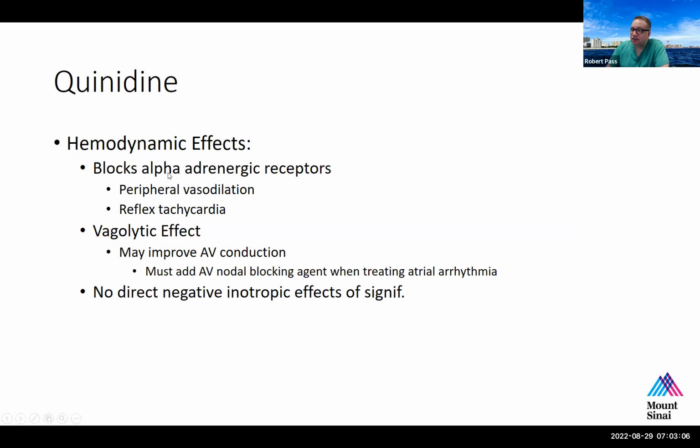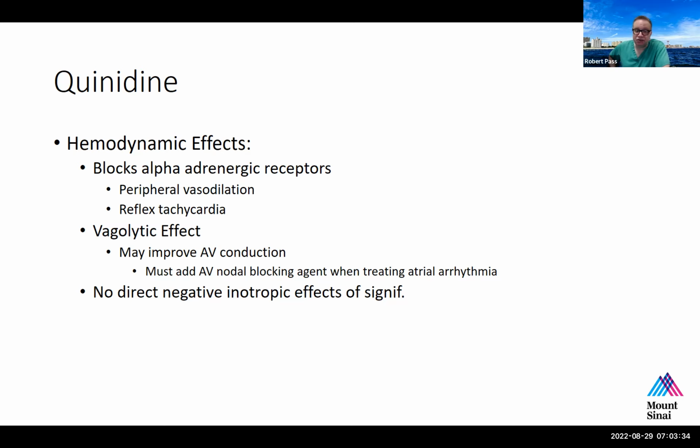Hemodynamically, it actually blocks alpha adrenergic receptors, resulting in peripheral vasodilation, as well as reflex tachycardia. It also has a vagolytic effect, so it may improve AV conduction in patients.